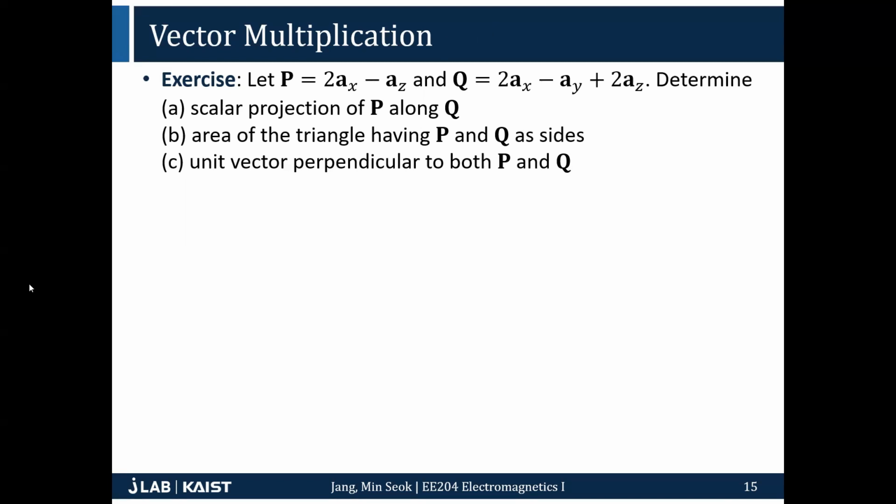Okay, time is up. How many of you got the answer? If you got the answer, please raise your hand. Okay, the majority of you got the answer. Can somebody type in the answer for A, B, C in the chat box?